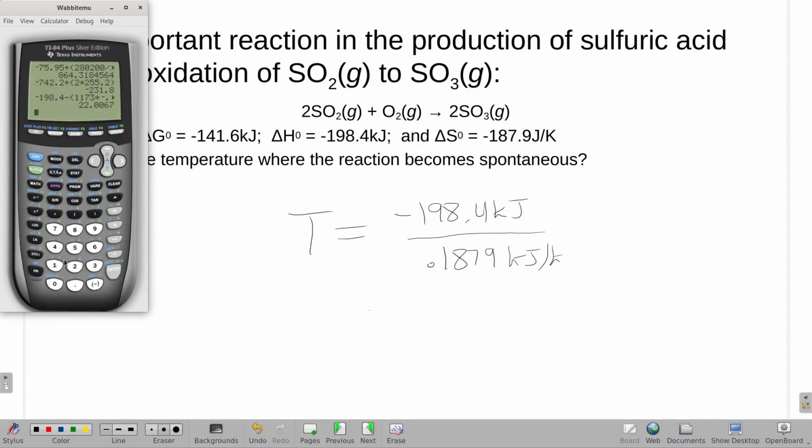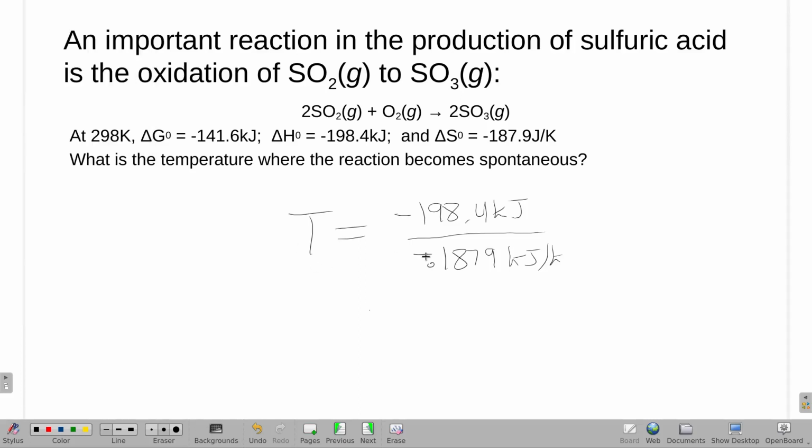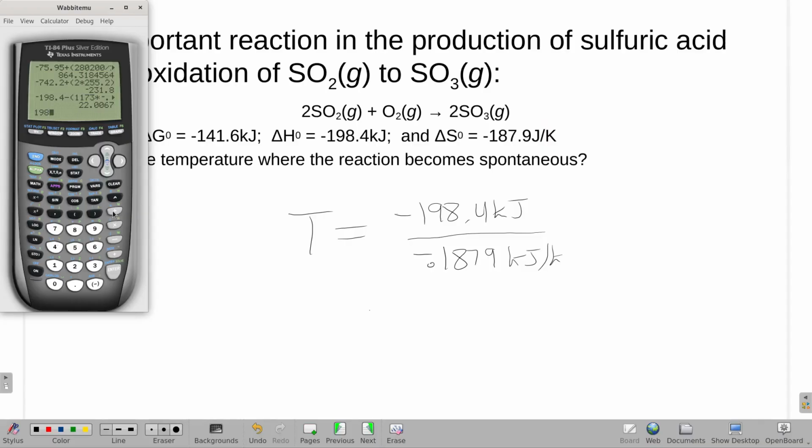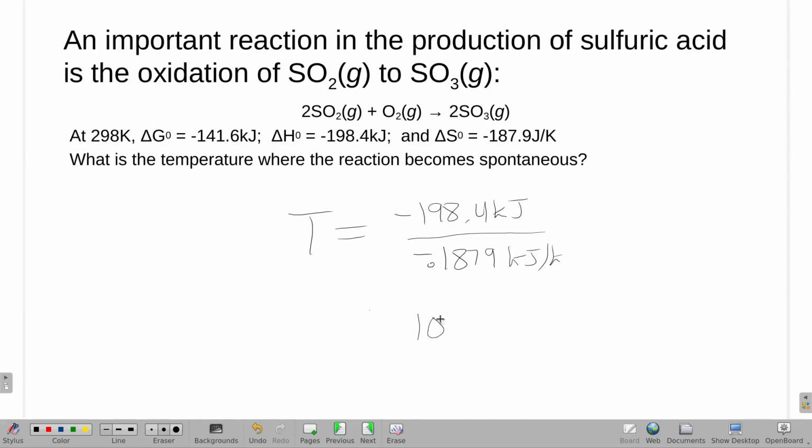So 198.4 divided by 0.1879. This thing changes at 1056 Kelvin.